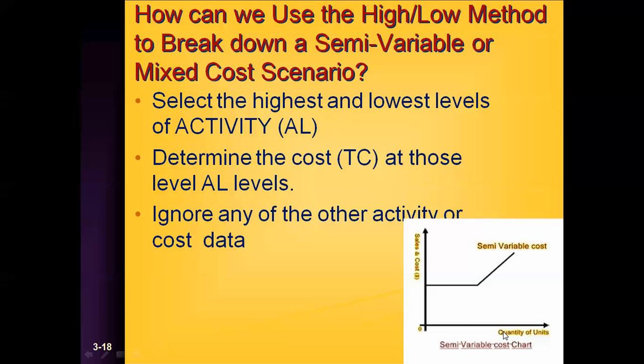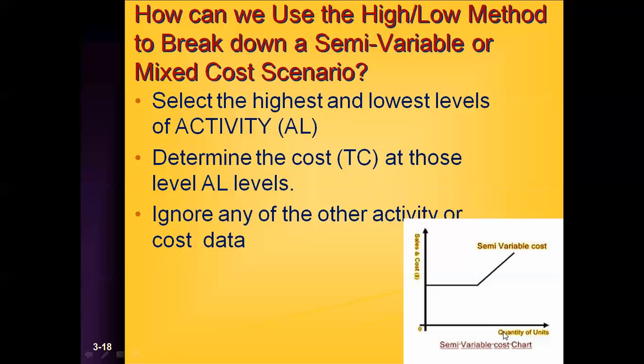This graph at the bottom is a pretty good example of how that might occur. But anyway, if we wanted to determine the actual fixed cost component, variable cost, and total cost component, we would basically apply some algebra to this problem.